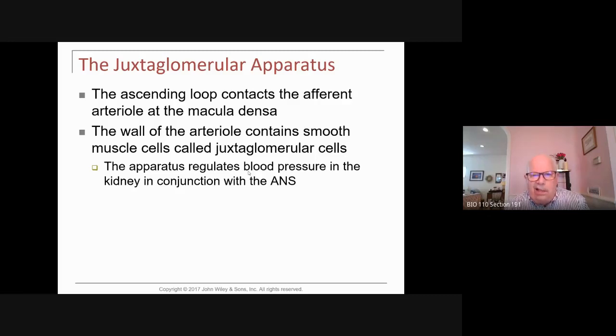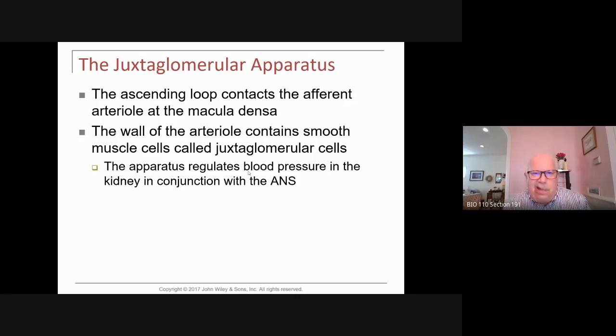When angiotensin 1 flows into the lungs, there is an enzyme called ACE, angiotensin converting enzyme, which converts angiotensin 1 into angiotensin 2, which is a powerful raiser of blood pressure. It raises blood pressure by causing constriction of your arteries. It also stimulates the adrenal cortex to produce the hormone aldosterone.